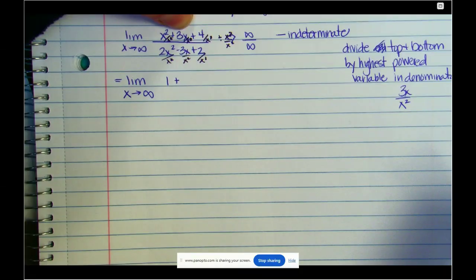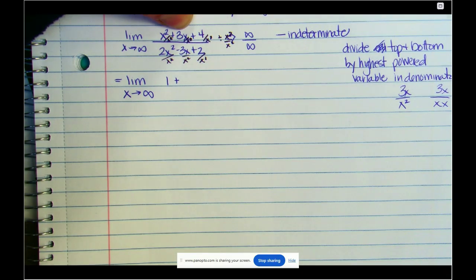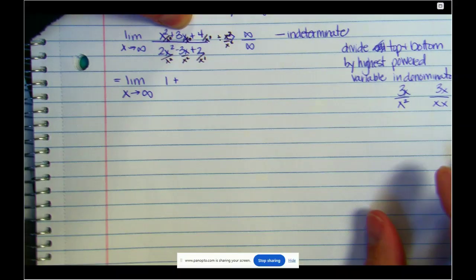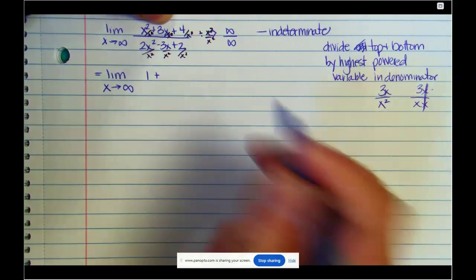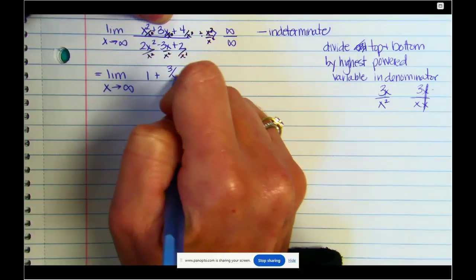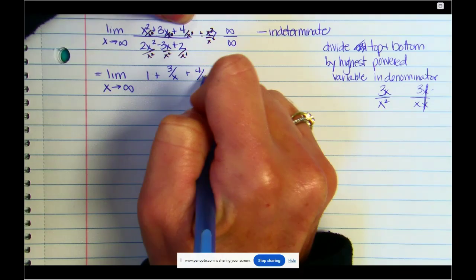So I want you to think about it like this. Look, this is 3x over x squared. One of these x's cancels, and this is 3 over x. 4 divided by x squared is 4 divided by x squared.